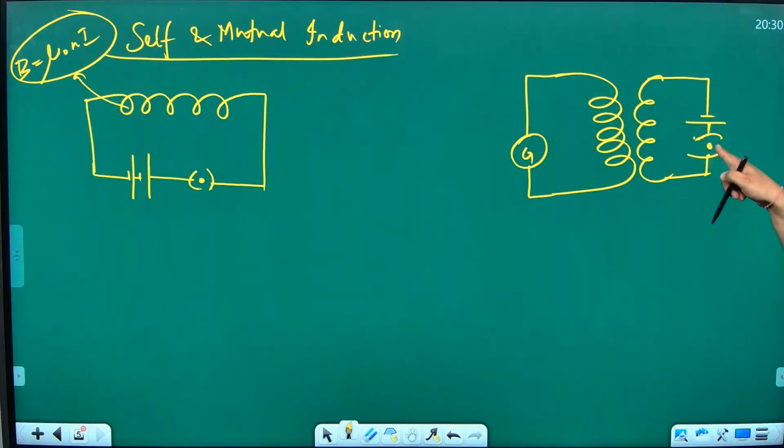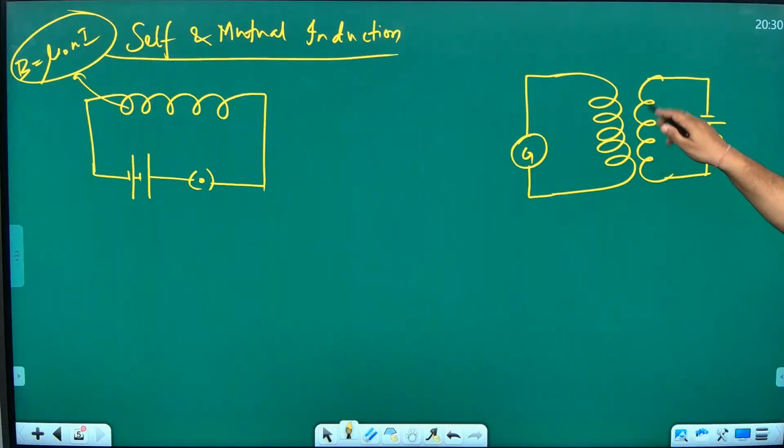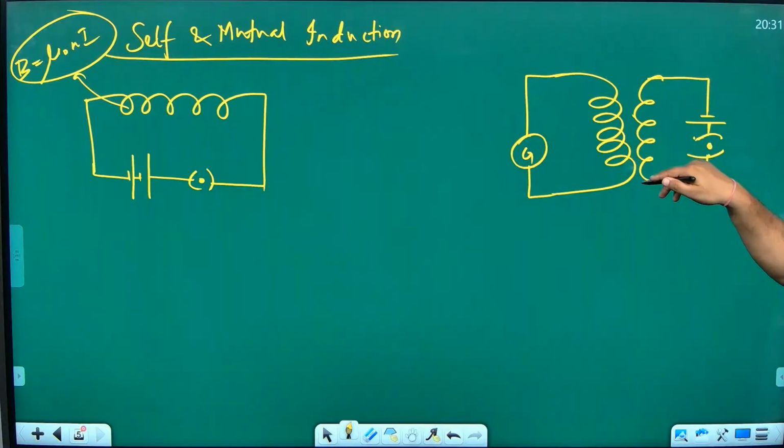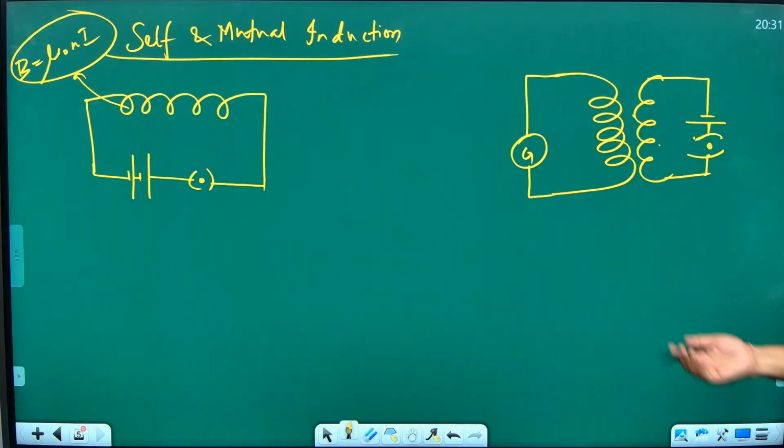When I switch on, current goes from 0 to maximum, magnetic field goes from 0 to maximum, magnetic flux goes from 0 to maximum, and there is an induced EMF. But now what is going to happen? Whatever magnetic field is produced, that magnetic field will link with this coil also. You may think how? Magnetic field is not produced only here, right? It is produced like this around it. So some magnetic field will link with this coil also. If you are confused in this, imagine like this.